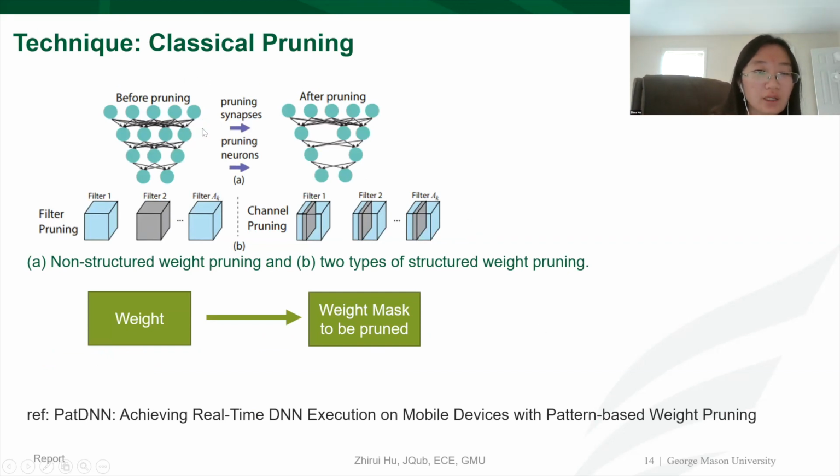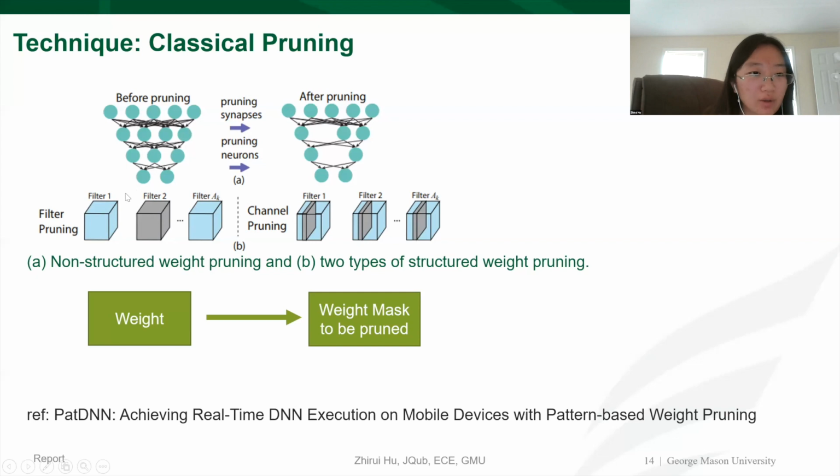Let's review the compression part in classical pruning. We can see the first figure. Here is a kind of random pruning. Maybe we can remove the nodes and the weights. However, it is difficult for this kind of pruning to achieve acceleration on hardware.